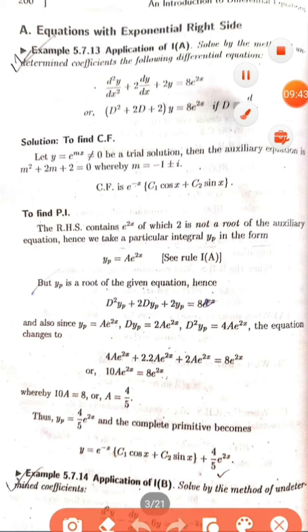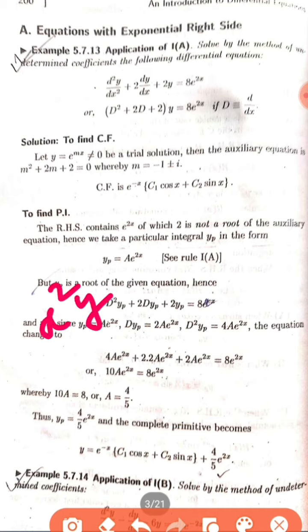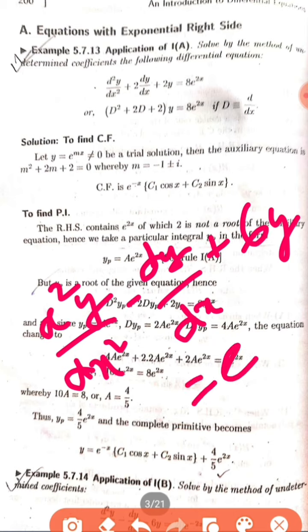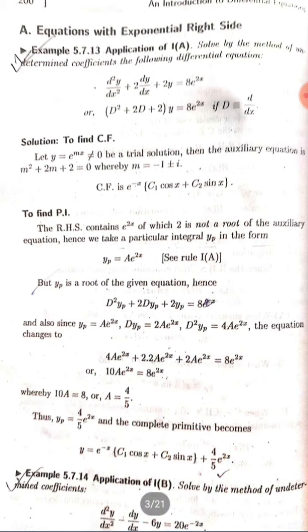The second problem is d²y/dx² - dy/dx - 6y = 20 e^(-2x).